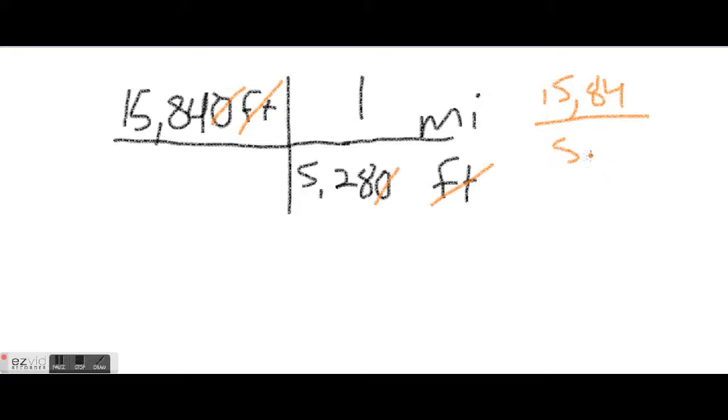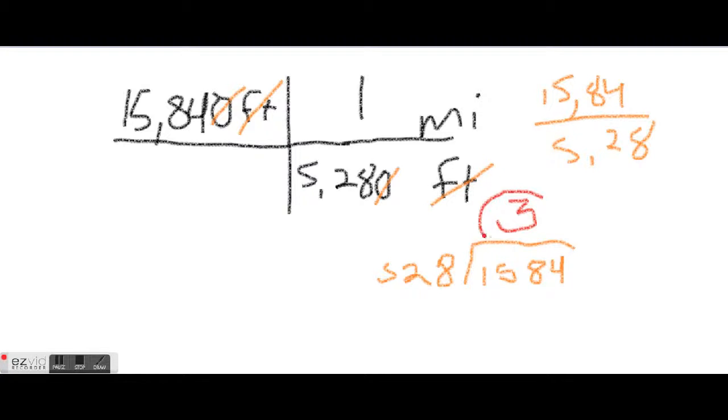So we have 528 into 1584, and believe it or not, it goes into it evenly at 3. So the answer will be 3 miles. Alright, 3 miles.